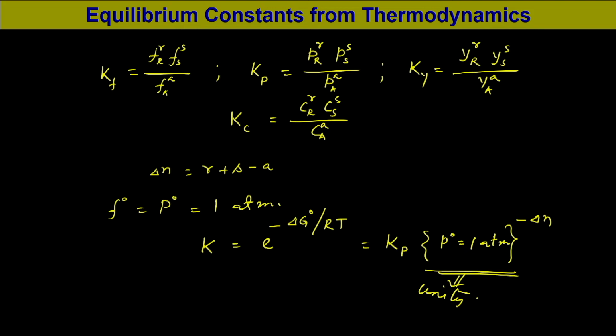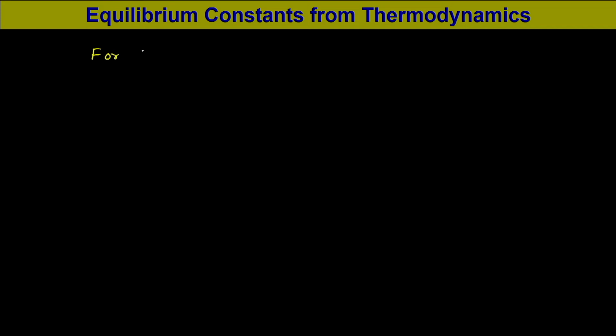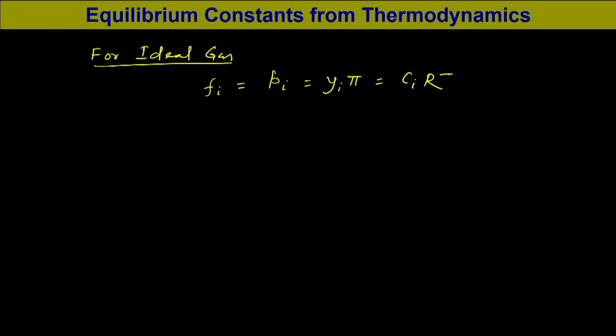So, now if we consider an ideal gas, we can write fi is equal to Pi, which is equal to yi into pi, which is equal to Ci RT.